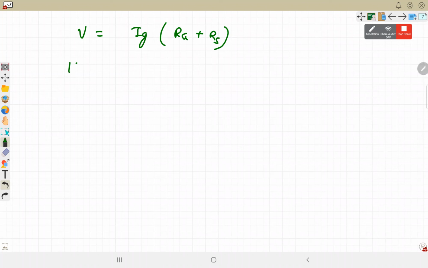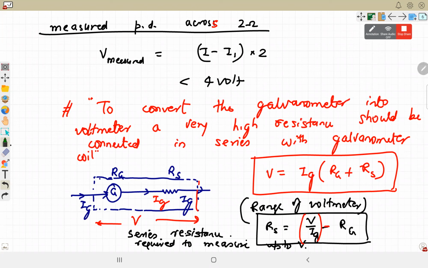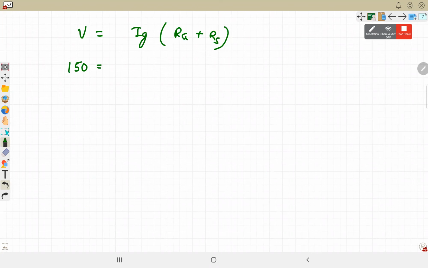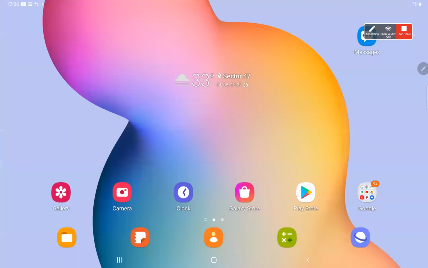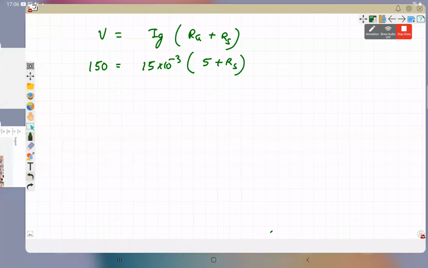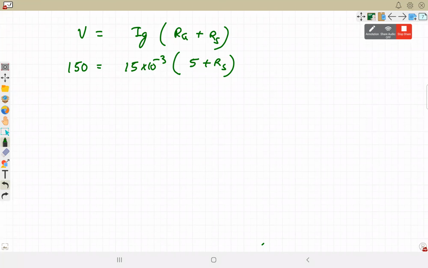V is 150, IG is 15 milliampere, so 15 into 10 to the power minus 3, and RG is 5 plus series resistance RS. So we can find out the value of RS, which is I think 9995.